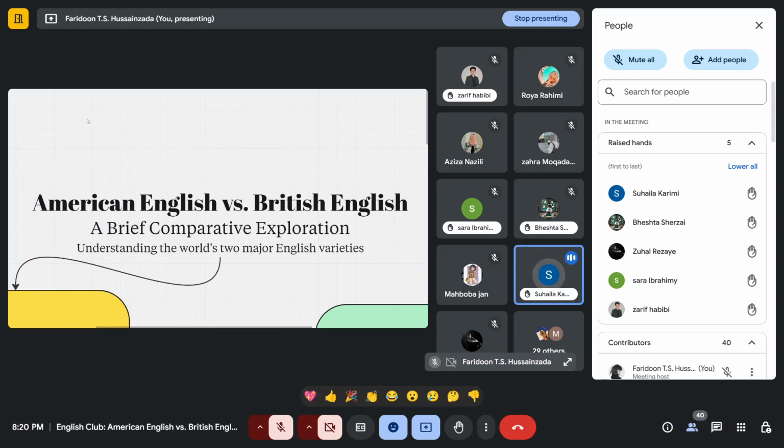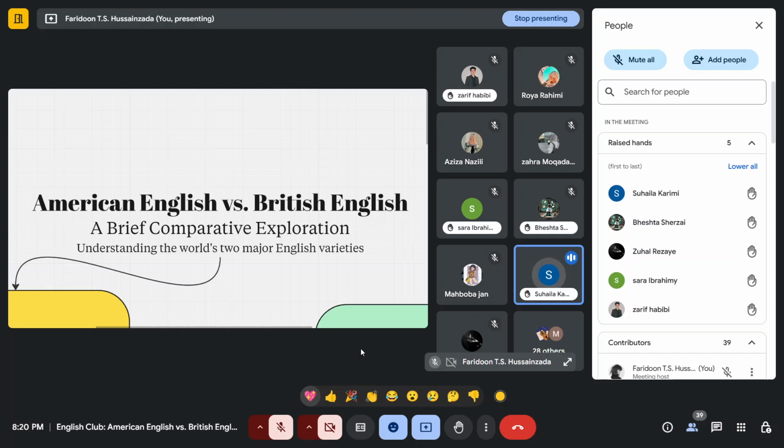First, in pronunciation, in American English, for example, the R sound is pronounced clearly in words like car or heart, but in British English we often don't pronounce it, it is silent.